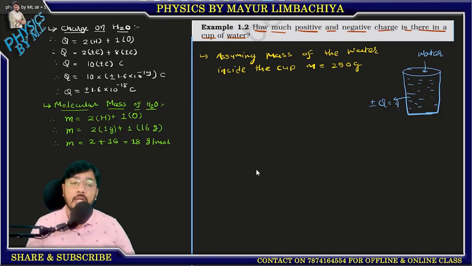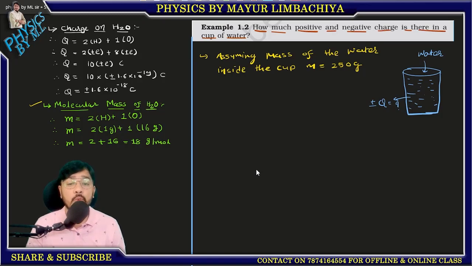Okay, so I have assumed the mass of the water which is present inside this cup is 250 gram. Now we already know that the molecular mass of H2O, water, is 18 gram per mole. How can we calculate that? The calculation is given here. If you can see, we have two atoms of hydrogen and one atom of oxygen. Hydrogen has atomic mass number 1 and oxygen has atomic mass number 16.